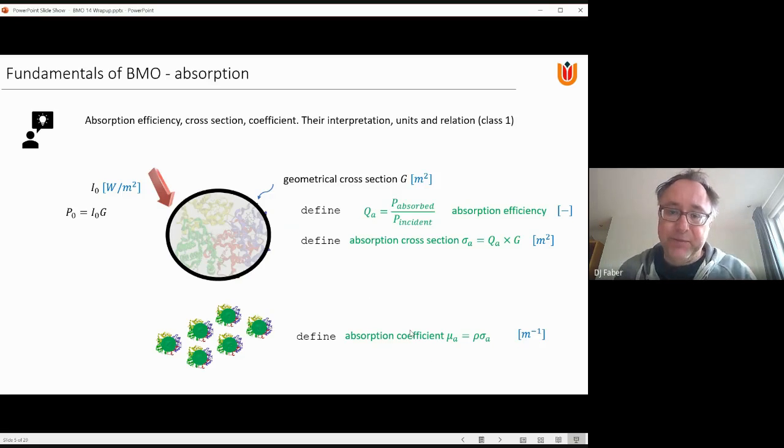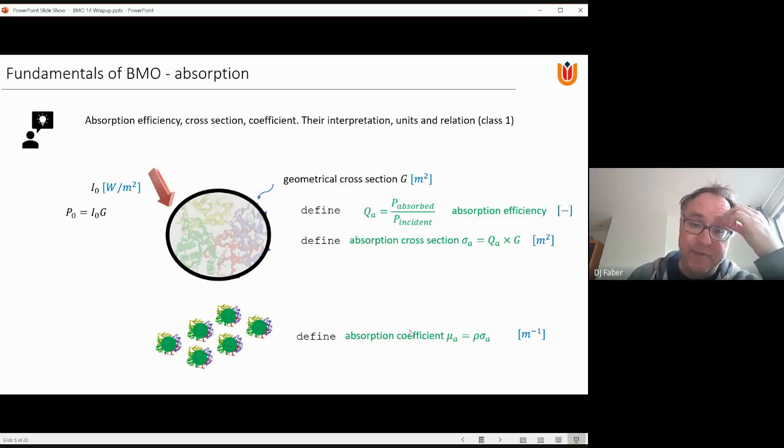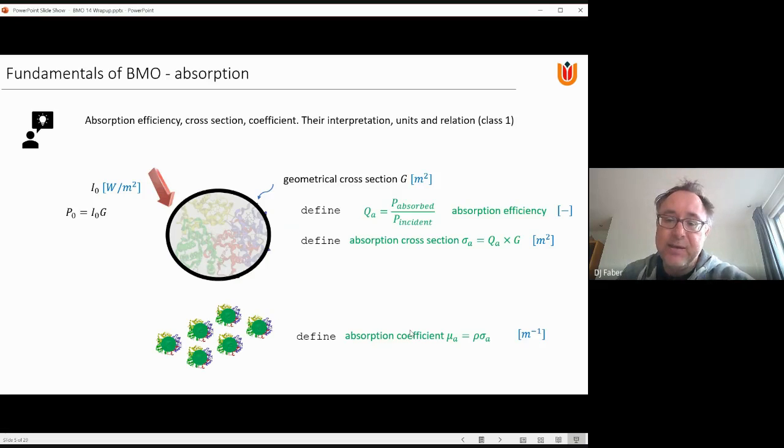Starting with that unitless efficiency, if we multiply that with the geometrical cross-section, then we end up with an absorption cross-section. You can interpret that as the effective size that the light sees when it passes the particle. So that is a particle property as well. And if we have a bunch of these molecules in a solution, we could define an absorption coefficient, mu A, by multiplying with the number density.